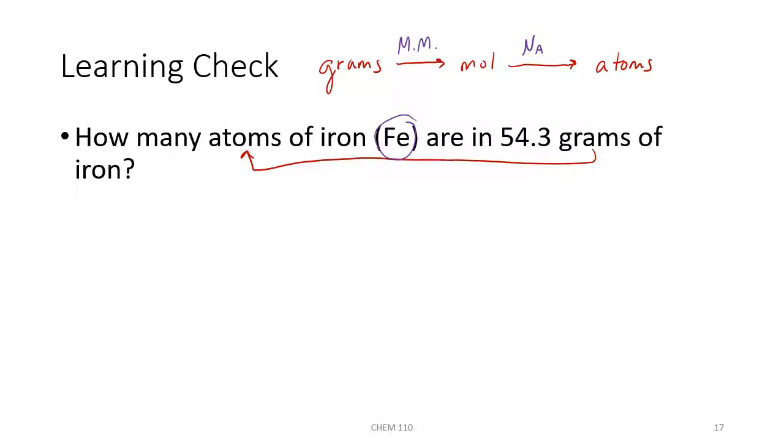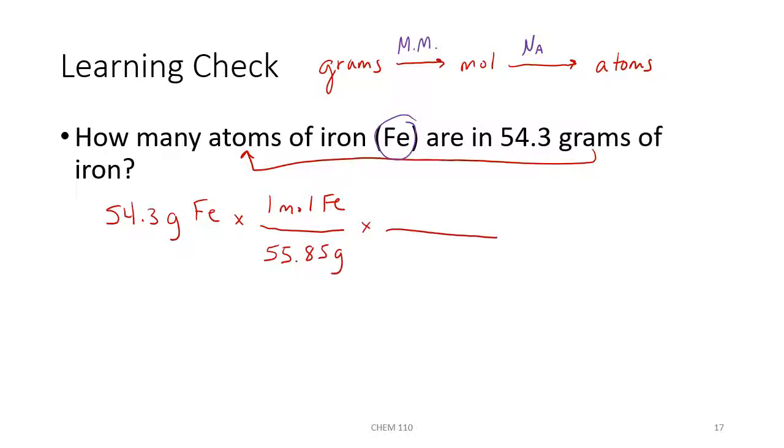Here we have 54.3 grams of iron to start with. If we look at the periodic table for iron, we can see that the molar mass of iron, or 1 mole of iron, is 55.85 grams in 1 mole. Right now, our grams of iron would cancel and be left in units of moles.